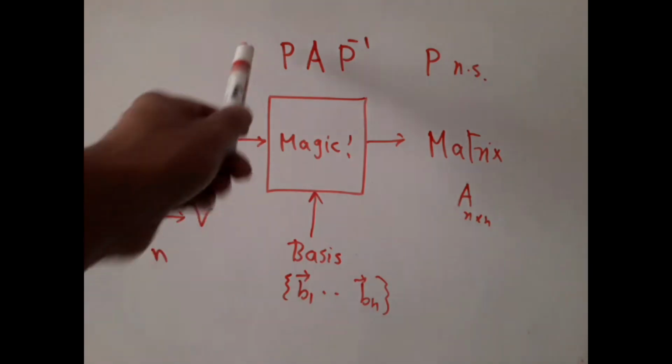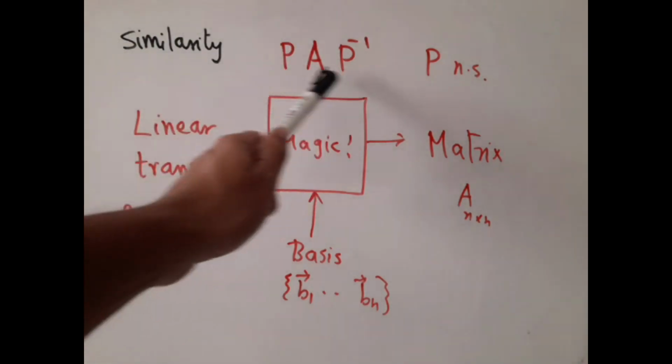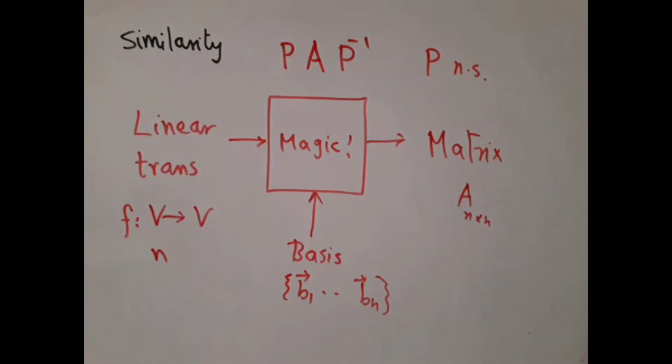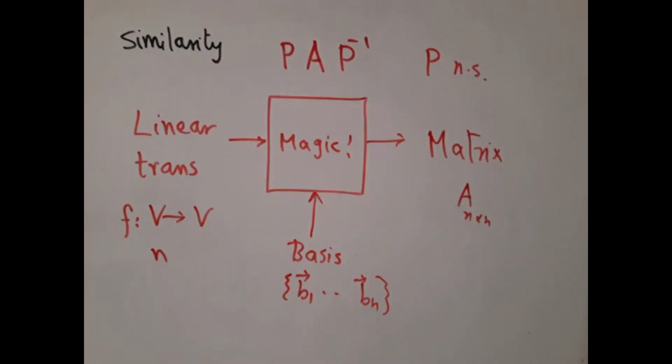So that is why this operation, PAP inverse, is of great importance in linear algebra, and it is called similarity. So the matrix A is similar to this matrix PAP inverse. That basically means that both these matrices are equivalent in the sense that they can both represent the same linear transformation, possibly with respect to two different bases.